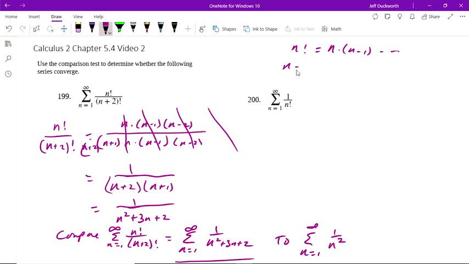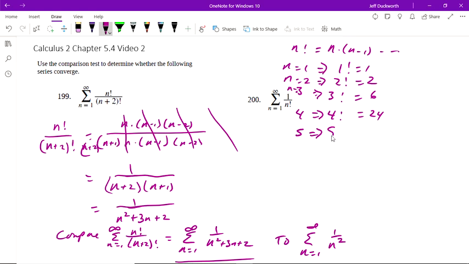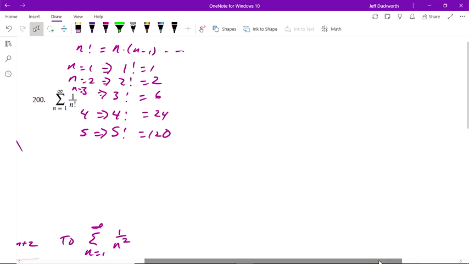So if n equals 1, we have 1 factorial, which is 1, n equals 2, 2 factorial, which is going to be 2, 3 factorial is 6, we'll go to 4, 4 factorial, we'll multiply it by 4 is 24, 5, we get 5 factorial, which is 120, right? Okay, so that's what we have for the first 5 terms, and we know that they're getting bigger and bigger from then on, but let's take a look at the other ones.